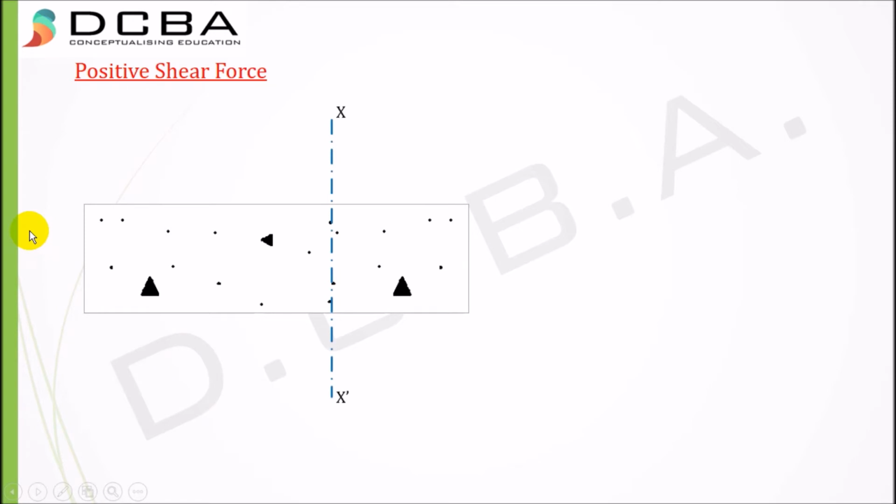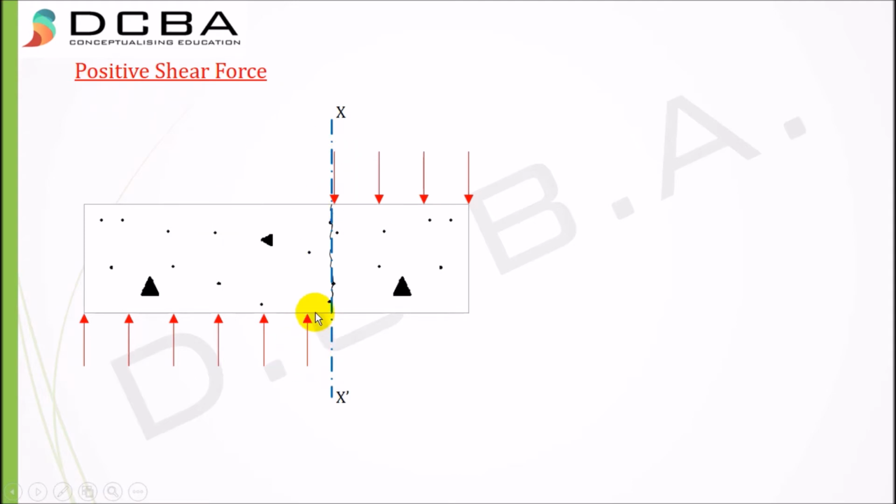I'll just consider an arbitrary section x dash, and if the left part of the beam to this section has forces going in the upward direction, and the right part of the section has forces going in the downward direction, this condition is met, because for shear force you require two forces which are opposite in direction. So for positive shear force, any one of these conditions should be met.